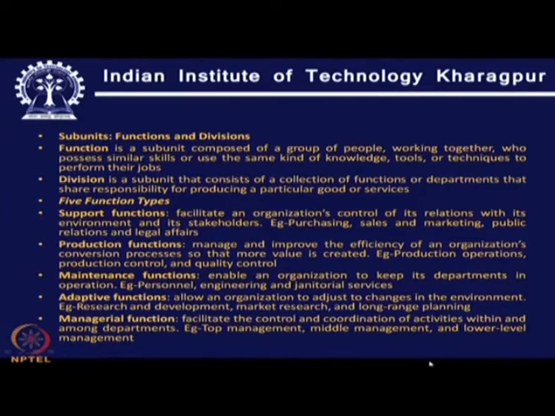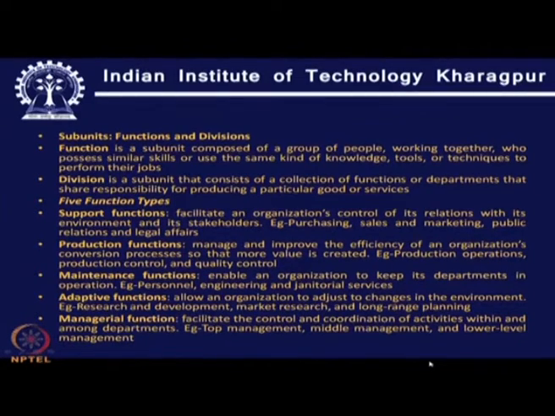And division is a subunit that consists of a collection of functions or departments that share responsibility for producing a particular good or service.